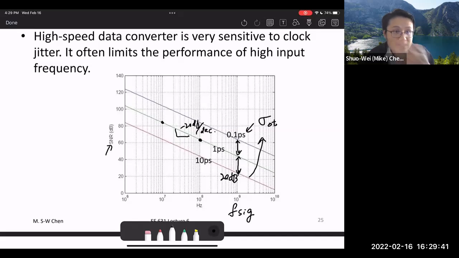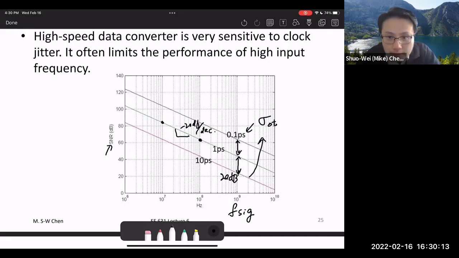That's your Nyquist frequency, fs divided by 2. So if you sample faster, your input maximum frequency would also increase. That's why for high-speed ADCs, people actually care about the clock jitter, because it would affect your performance.